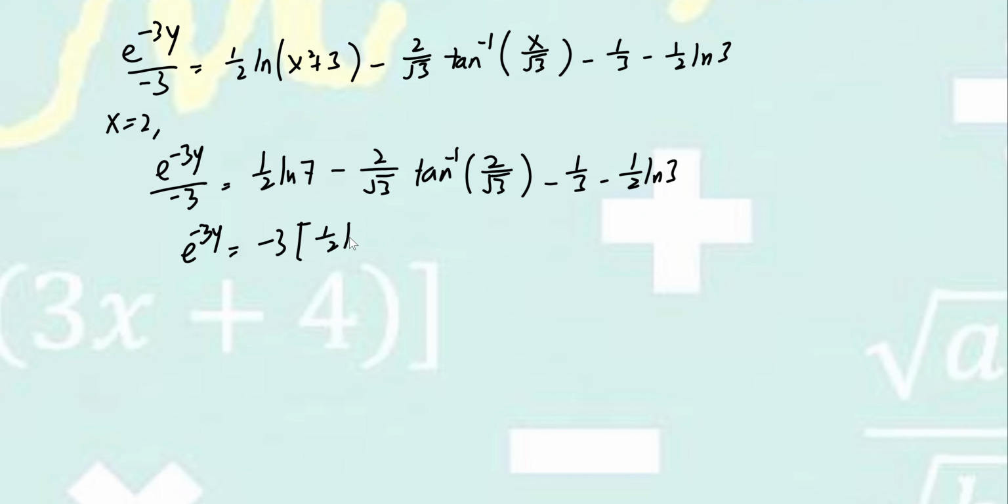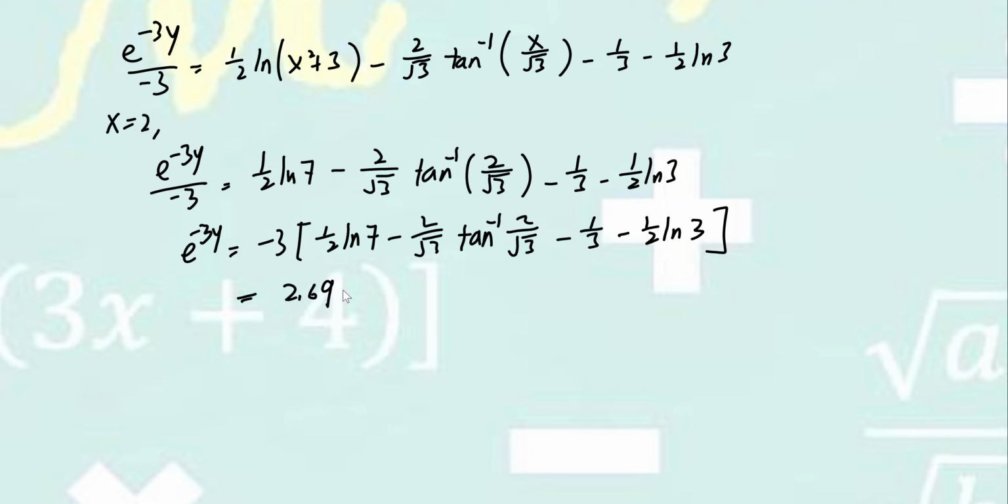Then here will be half ln 7 minus 2 over root 3 arctangent 2 over root 3 minus 1 over 3 minus half ln 3. Okay, this value is going to be 2.698038. Now to eliminate the e, you have to take ln both sides. So when I take ln both sides, minus 3y is the same as ln of 2.698038.